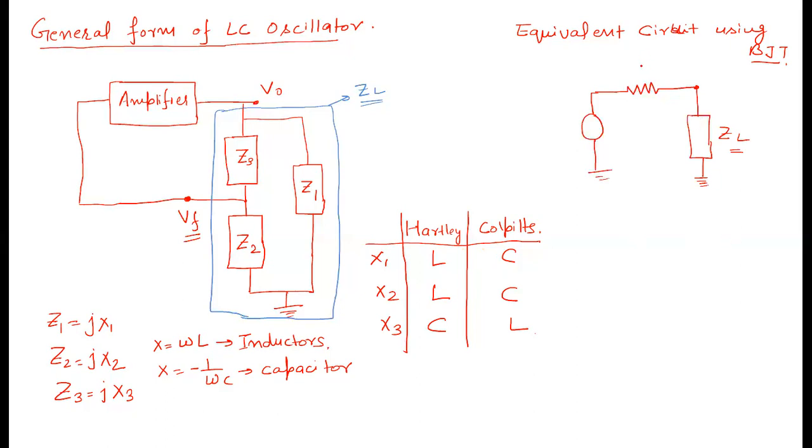So this is ZL, this is R naught, and this is Av Vi, where Vi is the input of the amplifier.